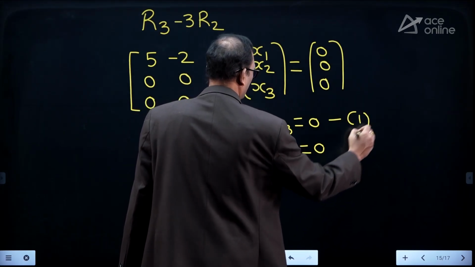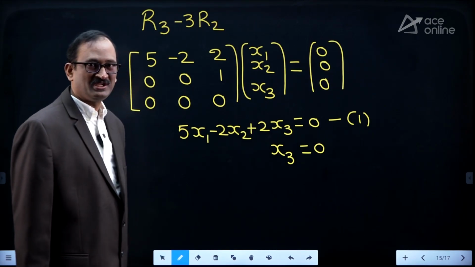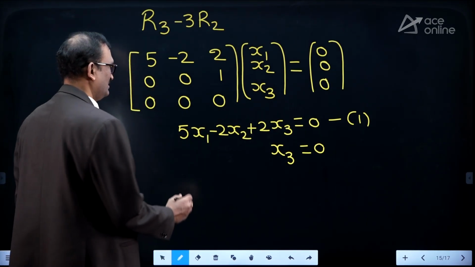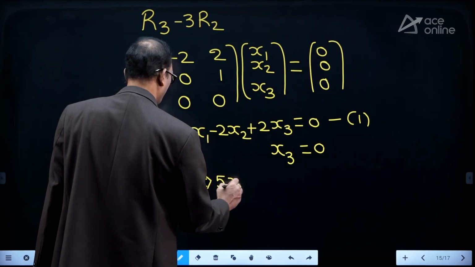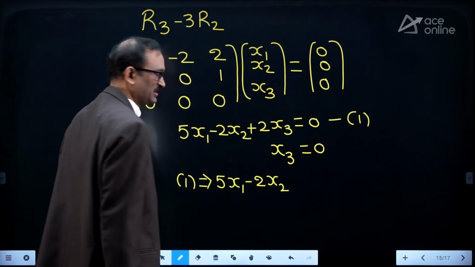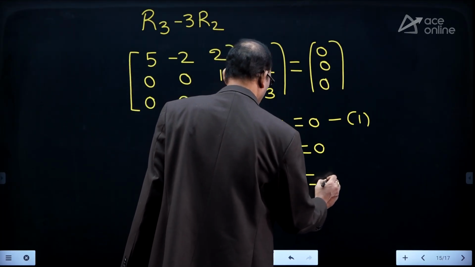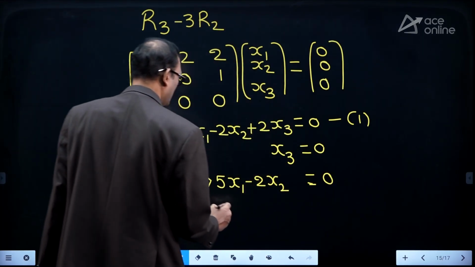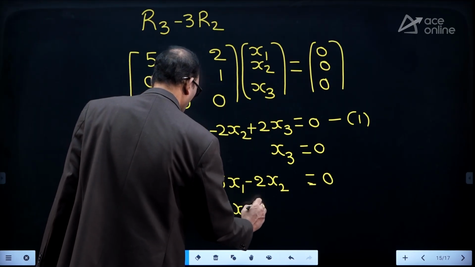So substitute x3 equal to 0 in equation 1. So equation 1 implies 5x1 minus 2x2 plus 2x3 equal to 0. x3 value is 0, so from this 5x1 equal to 2x2.